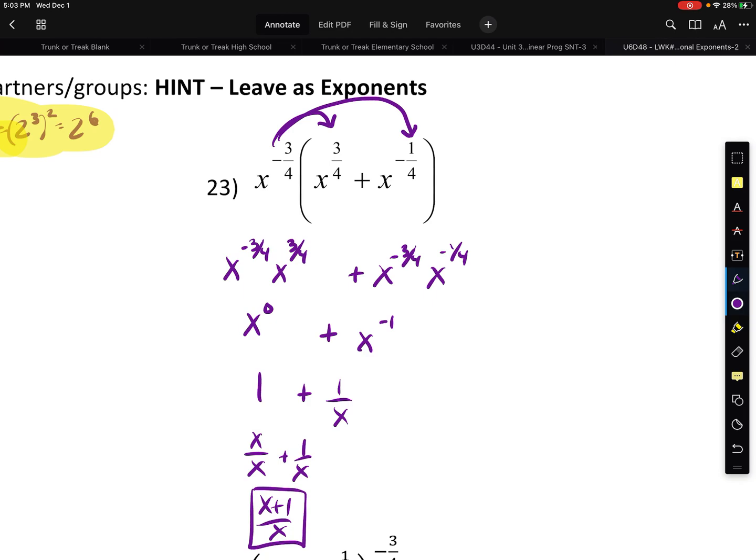Similarly, something like if you had x squared plus x to the 3rd, all squared. Can you distribute this? No, we cannot distribute an exponent.